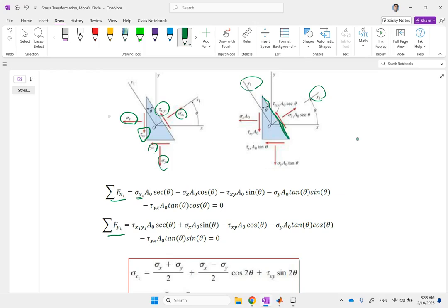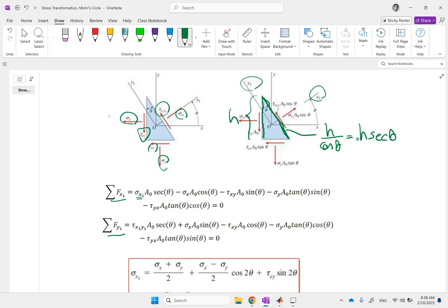The depth of it is the same as the original plane, but the length of it, if this one is h, is h over cosine theta, and 1 over cosine is secant, so it is h secant theta.